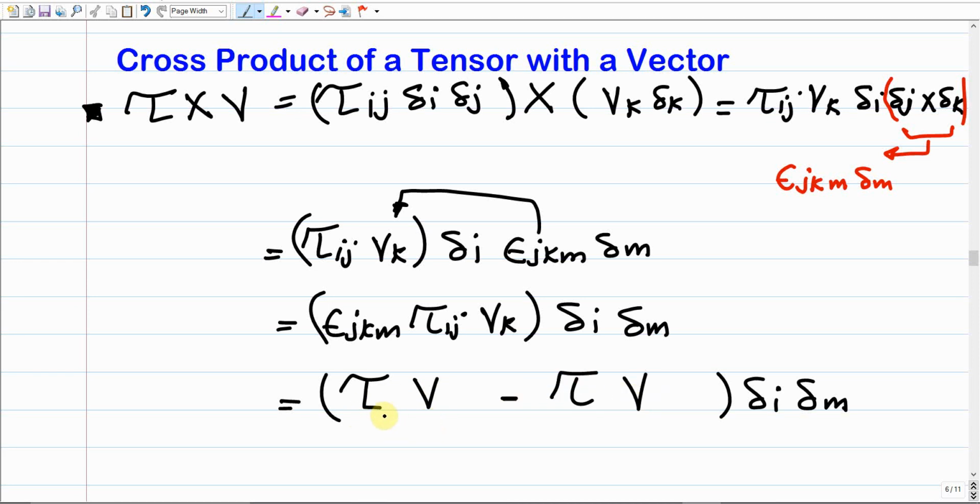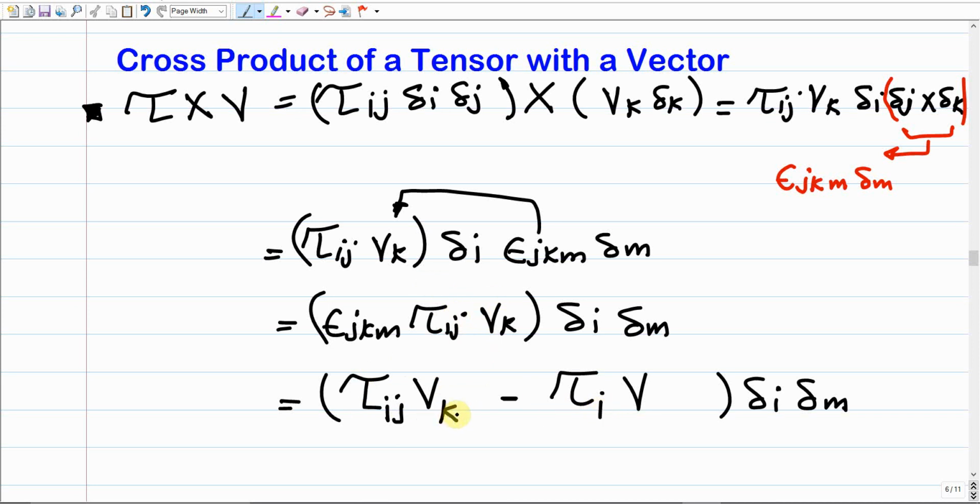But how about the indices? The i should be the same because I'm using it outside, as a common factor. But how about the j and the k and m? The m should be the same. So for j, I'm going to use the j and the k as they are already given here, then I'm going to switch on the other side. So j should be the same, k should be the same as it was shown in this term.